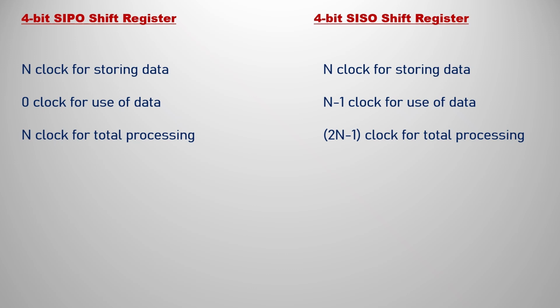In SIPO only 0 cycles are needed for that, so it is advantageous for SIPO. If you consider the processing time, 2n minus 1 clock cycles are required for SISO and only n clock cycles for total processing in SIPO. From this you can compare both of them and know which is better. Each has its own applications and uses.